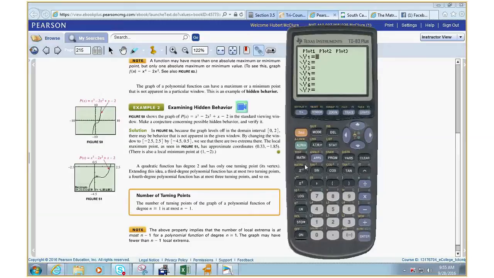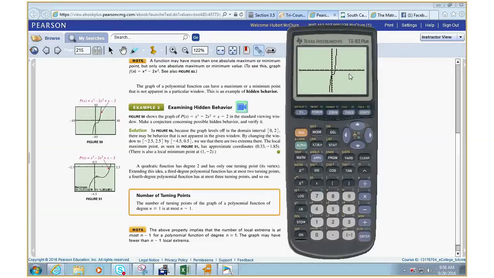So x cubed, minus 2x squared, plus x minus 2. Graph it, and when you graph it, you're going to say, okay, that's a cubic function or an odd function.